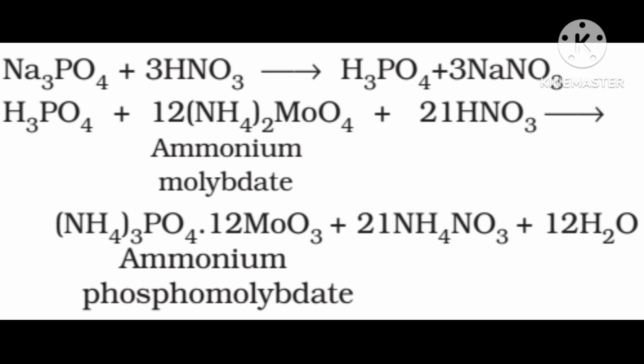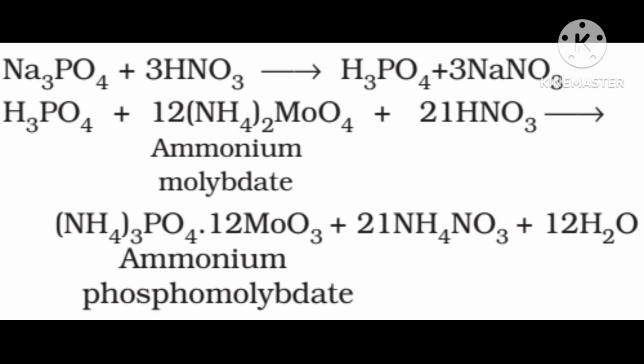That is called ammonium phosphomolybdate. Other products are 21 moles of ammonium nitrate, 21 NH4NO3, and 12 moles of water, 12H2O.